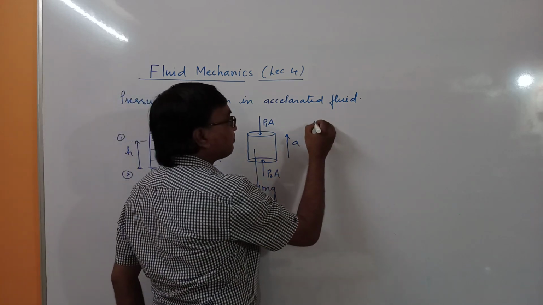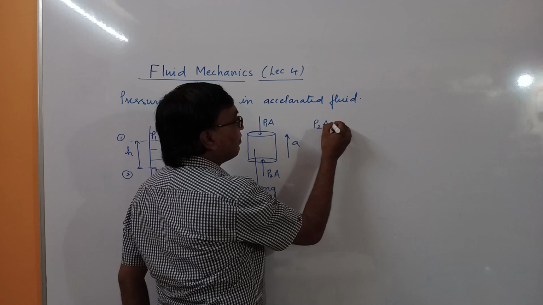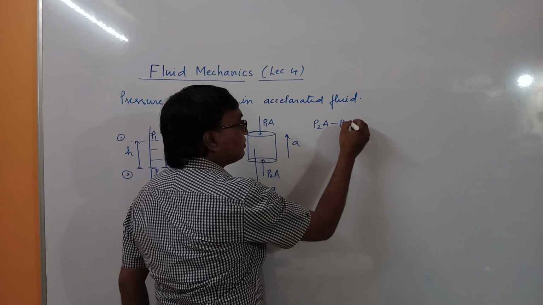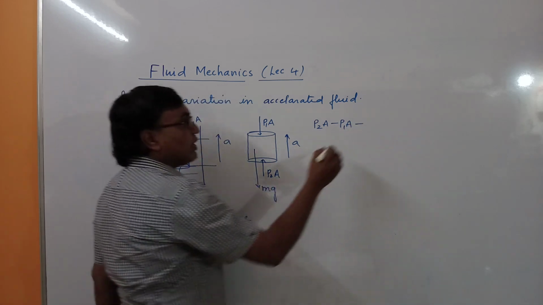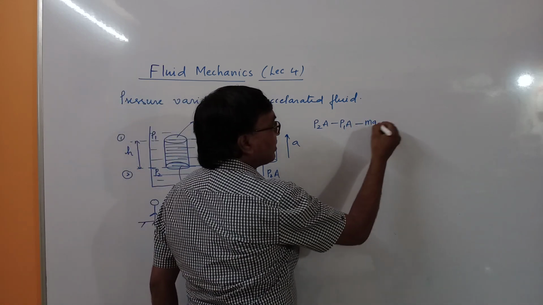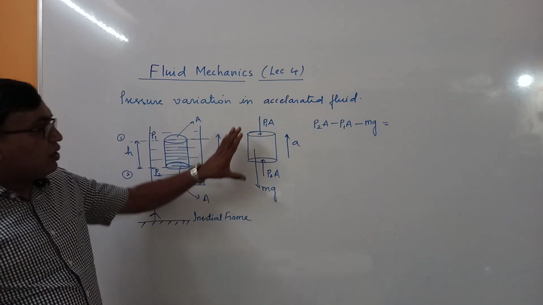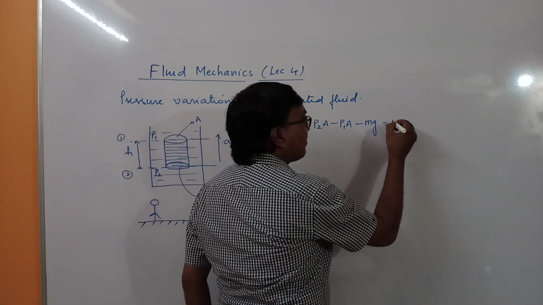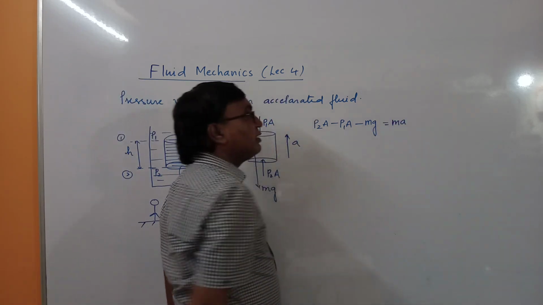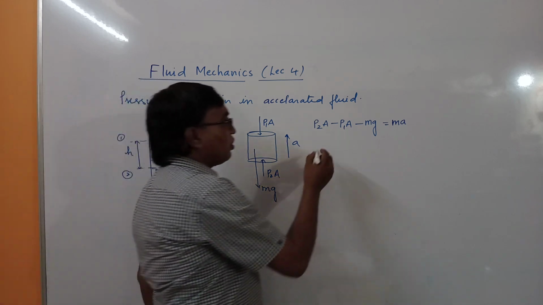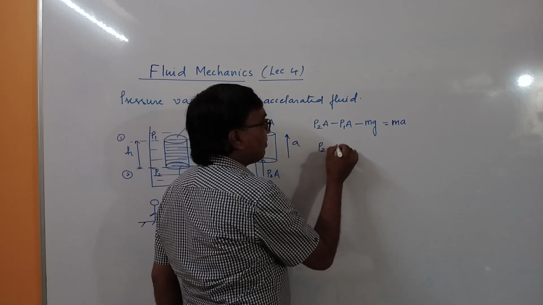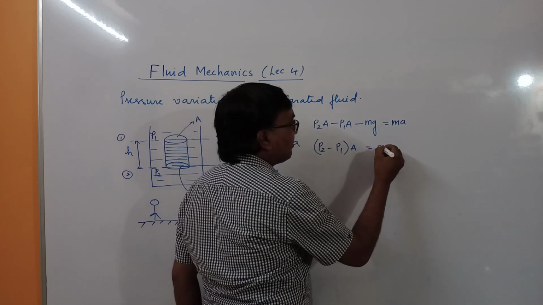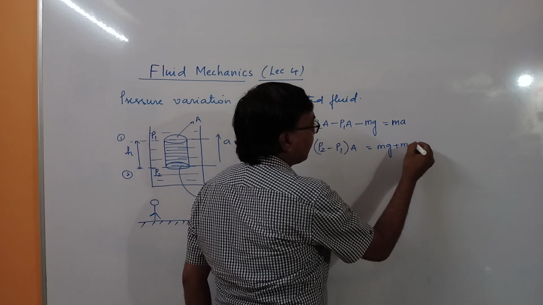So the net force is P2A minus P1A, with the weight of the fluid mg acting downwards. That must be equal to the mass of the fluid under observation times acceleration. So we have (P2 minus P1) A equals mg plus ma.